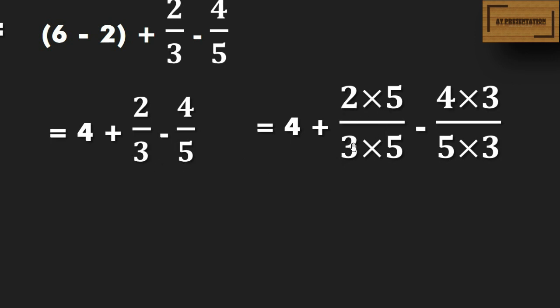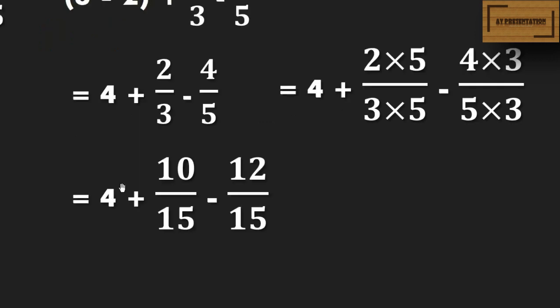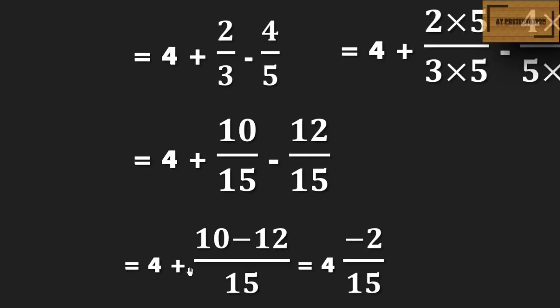2 multiplied by 5 upon 3 multiplied by 5, minus 4 multiplied by 3 upon 5 multiplied by 3. Then 4 plus 10 upon 15, minus 12 upon 15. So here we made the equal denominator, 4 as it is, plus now subtract the numerators of both fractions. 10 minus 12 upon 15, the equal denominator.